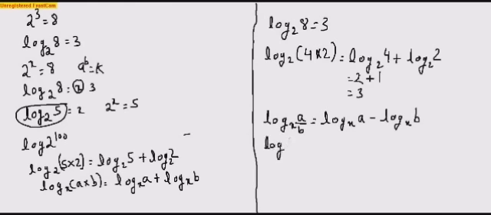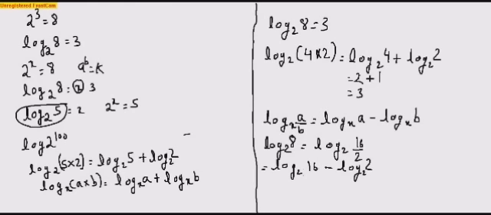Log base 2 of 8, which I can also write as log base 2 of 16 by 2. So now this gives me the log base x of a by b form. By implementation of the above formula, I get log base 2 of 16 by 2 equal to log base 2 of 16 minus log base 2 of 2.